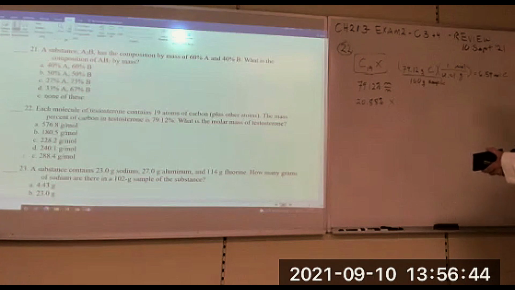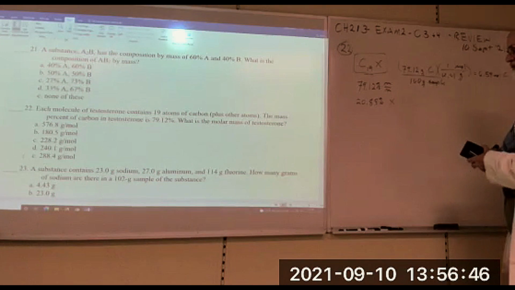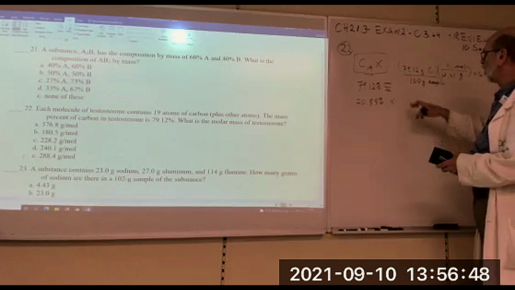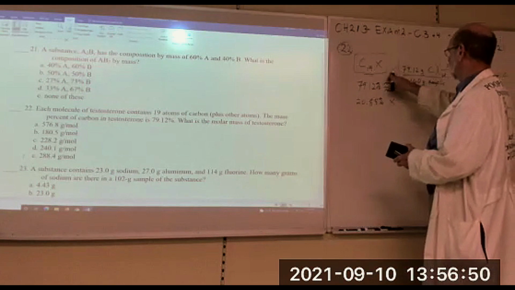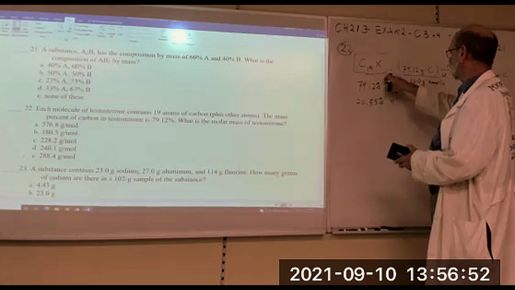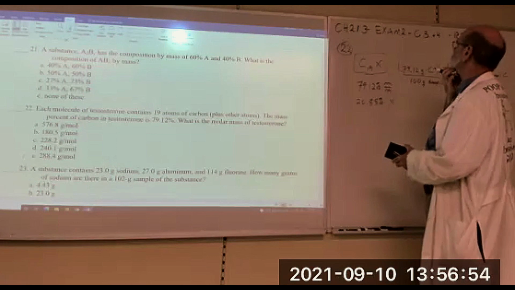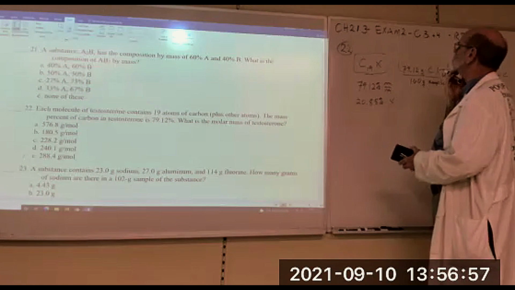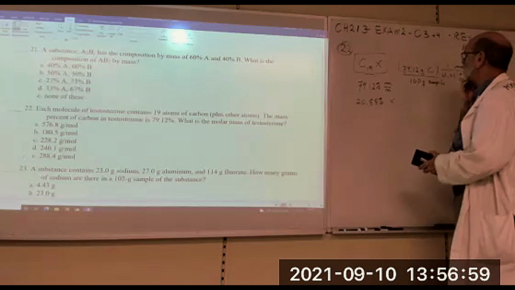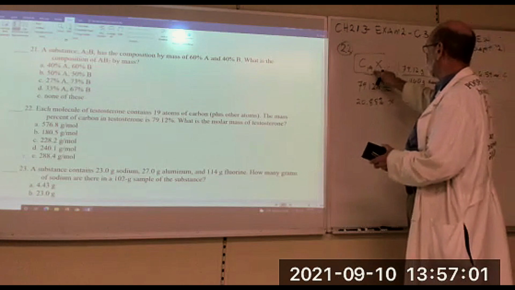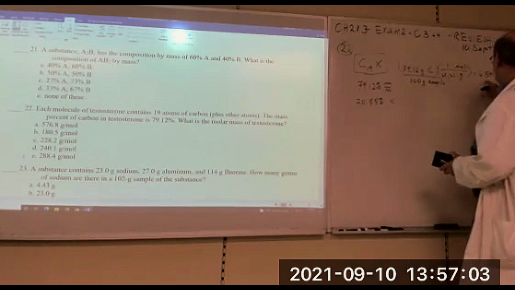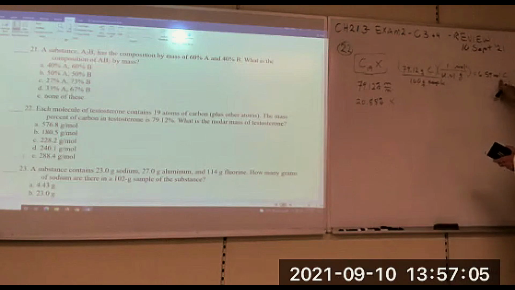We've got to get to grams per mole of this. If we have 1 mole of this compound, we have 19 moles of carbon. So there's moles of carbon in a 100 gram sample.